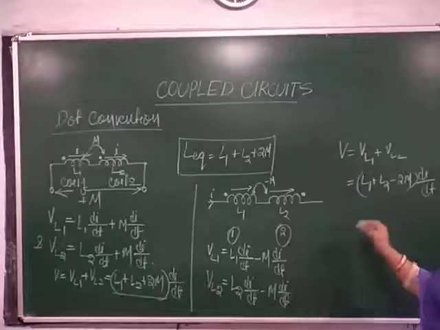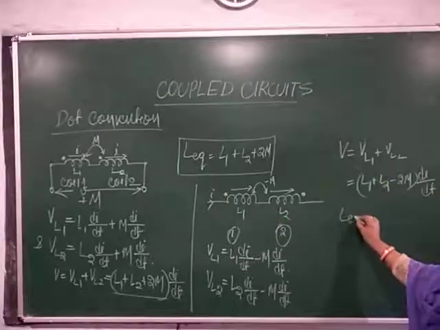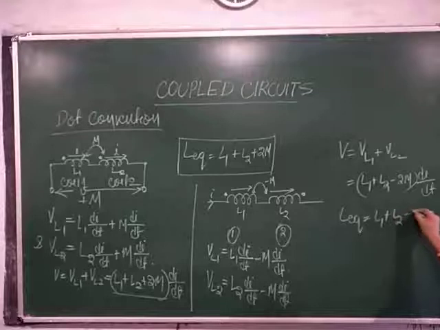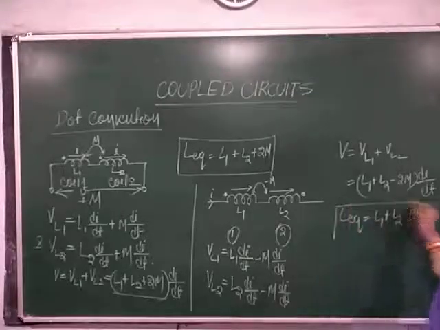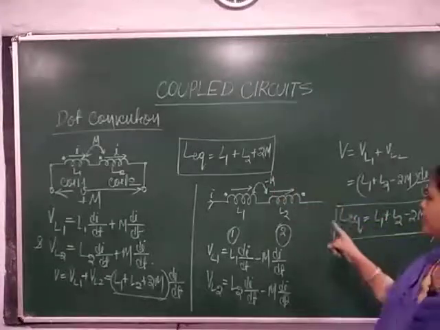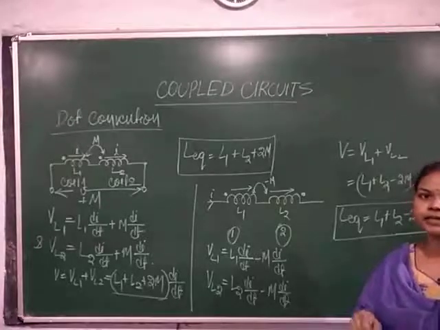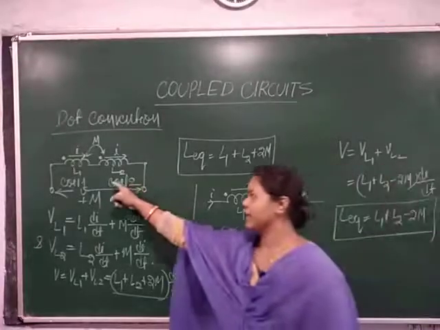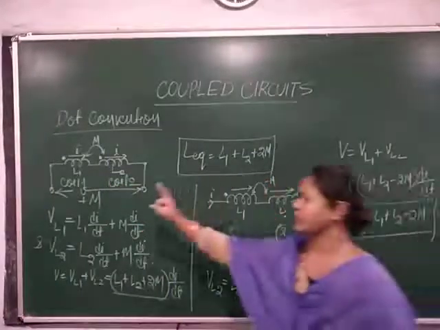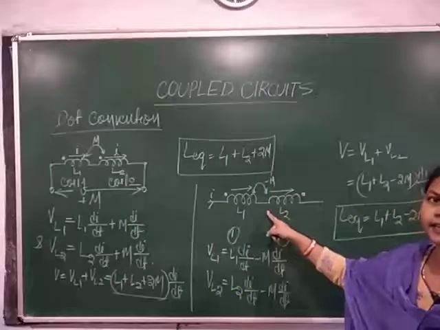So you know that in the case of this circuit, the total equivalent inductance is L1 plus L2 minus 2M. These two equations show the equivalent inductance of a conductively coupled circuit for the additive case and for the subtractive case, the opposing case. Clear?